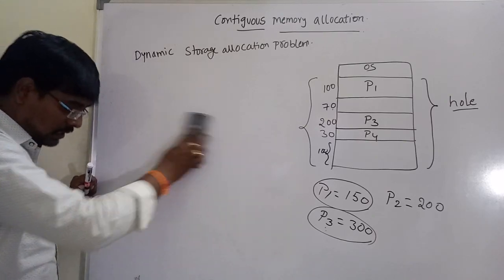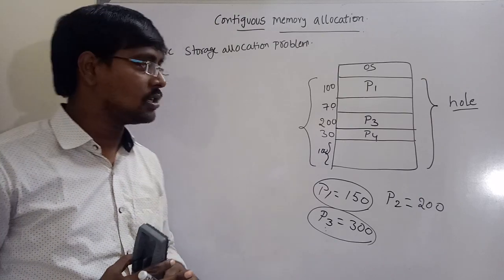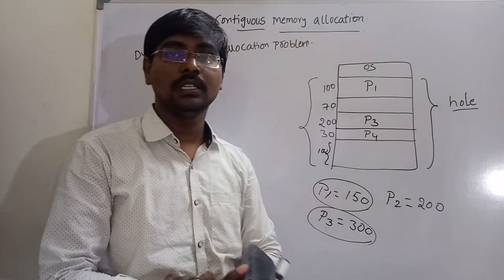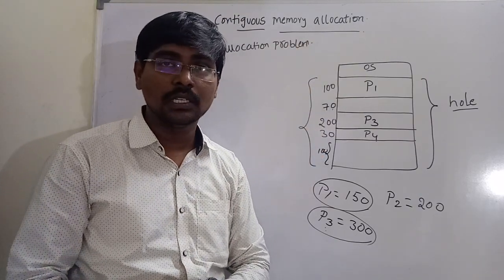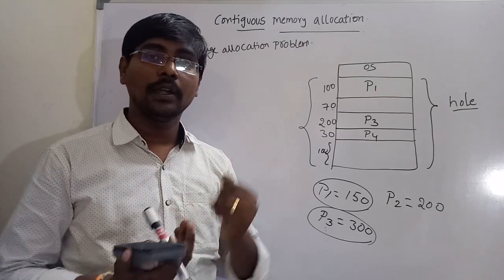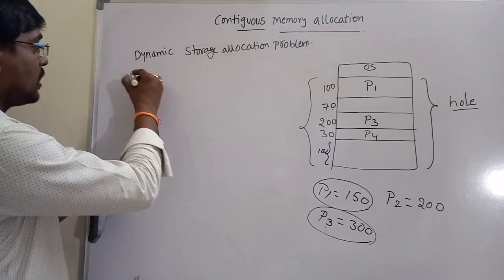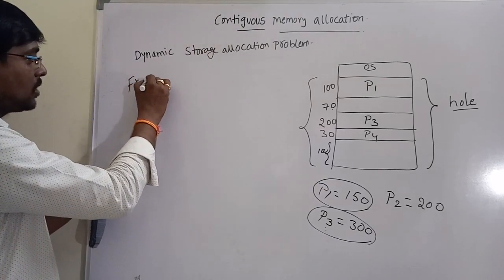What we will discuss in the fixed sized partition or variable sized partition. Suppose the partition size is 100 bytes. If my process size is only 70 bytes, what about the remaining 30 bytes? That is called fragmentation.